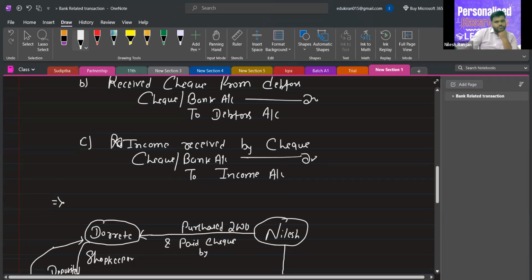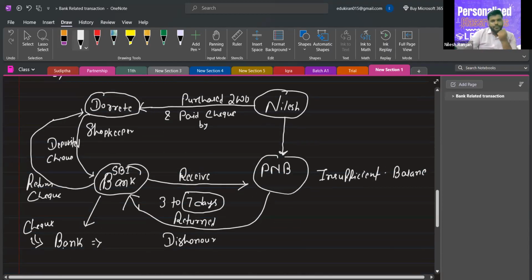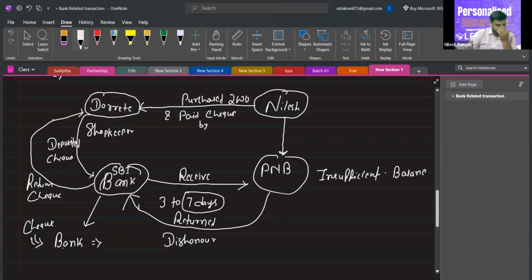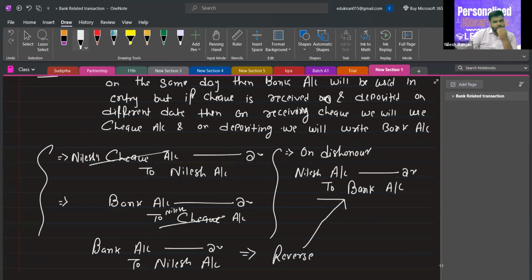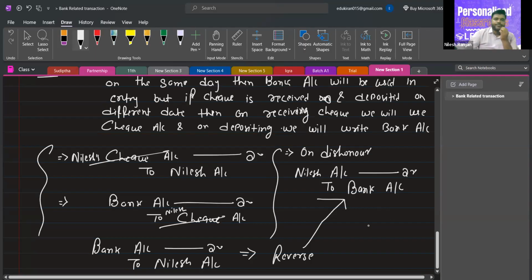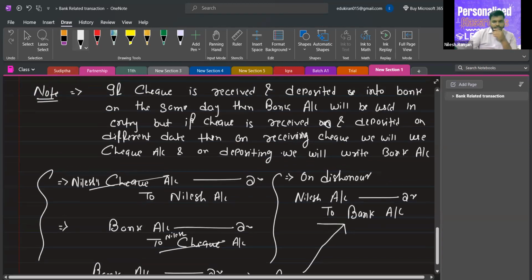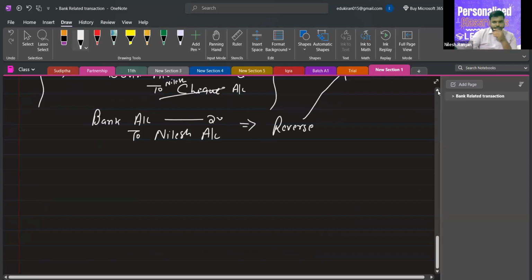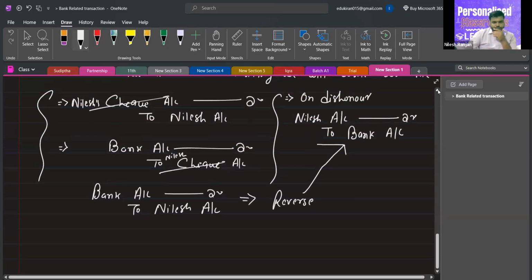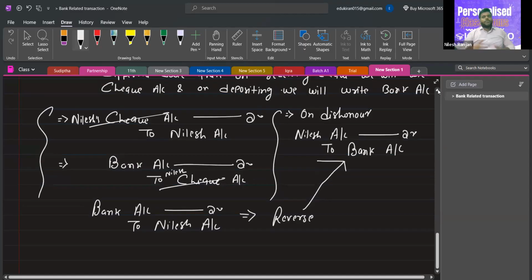This is actually the process I told you. You want to take a screenshot of this also. Okay, sir, I took it. This is your note and this is the journal entry. So this is our bank related transaction. Now let's come to the question.